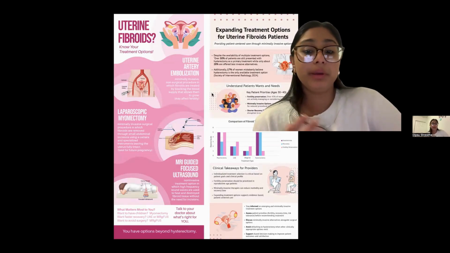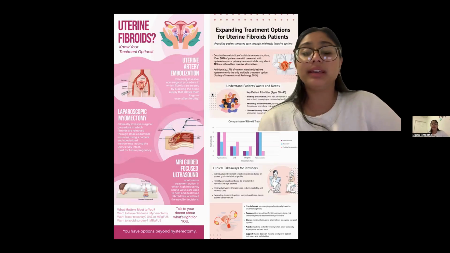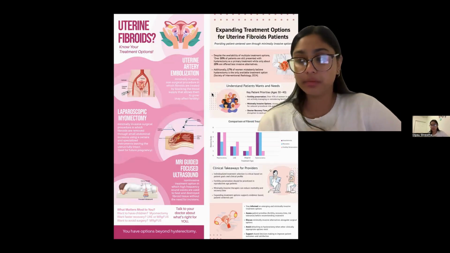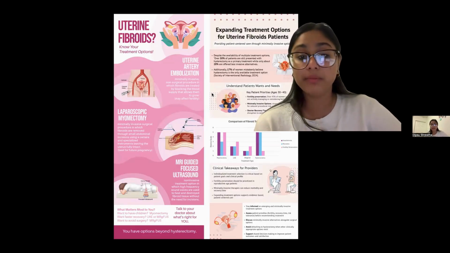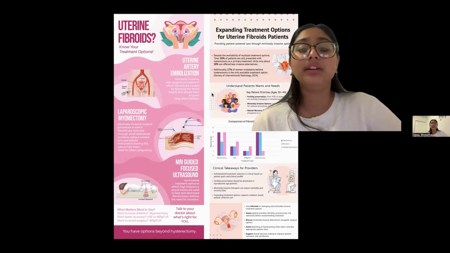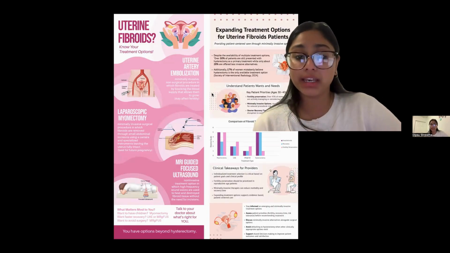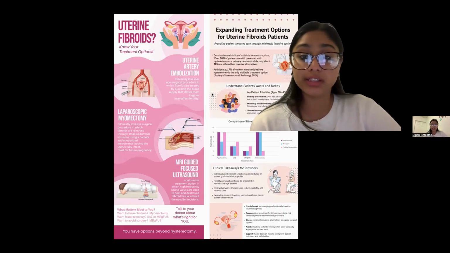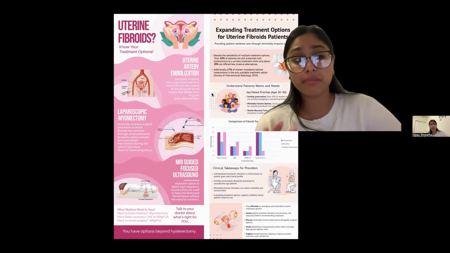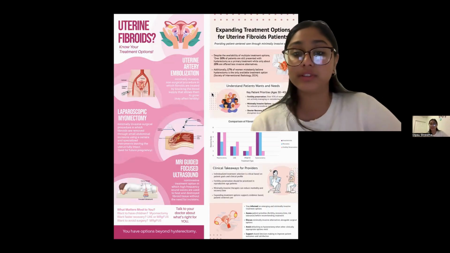The patients are the ones experiencing these symptoms and making their own personal health decisions, whereas providers are responsible for recommending and guiding those treatment choices rather than making the choice by themselves.